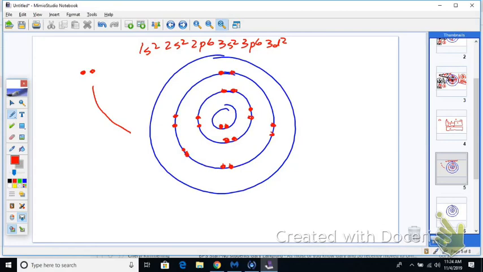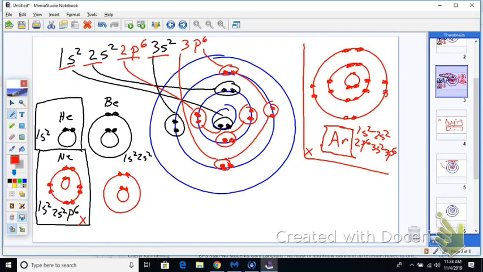When we look at elements in that block, we have, for example, beryllium. Beryllium is in the same column as calcium, right? It had 2 here, and those were S2s.